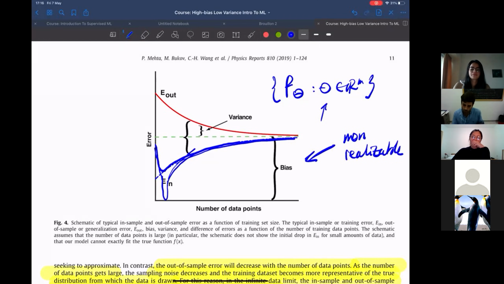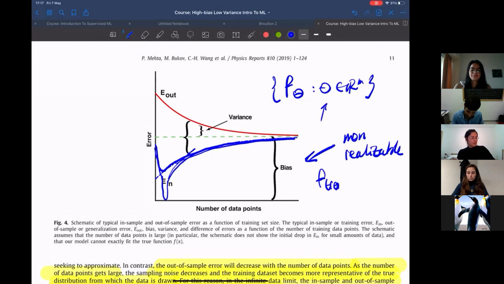It means that the true model, the true function that connects inputs and outputs, does not belong to the hypothesis class. Okay, so you cannot find a function in your hypothesis class able to really capture the true link between inputs and outputs.